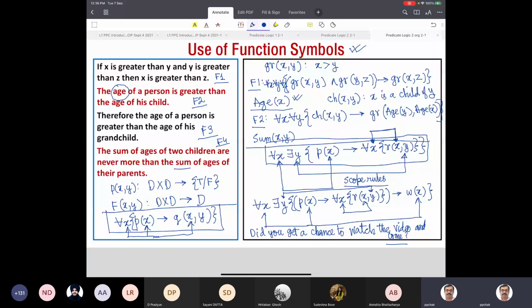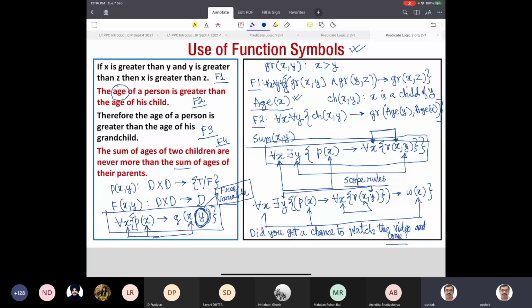Yes, sir. So tell me, this y, where is it? What is the state of this y? I think it is any element from the domain. Did you watch the video and come? No, you couldn't. So this y is called a free variable.